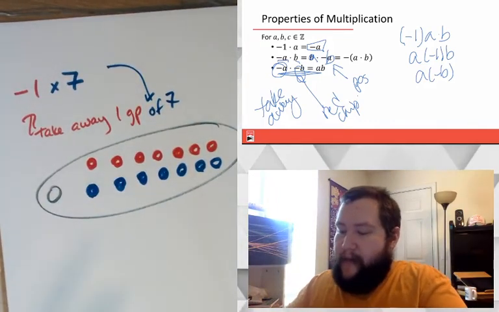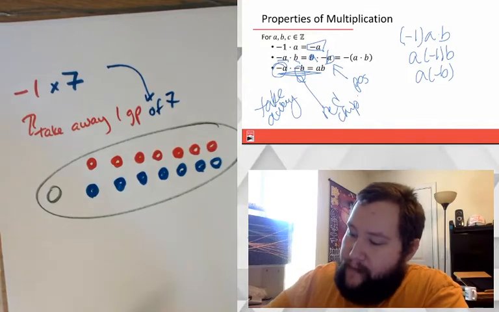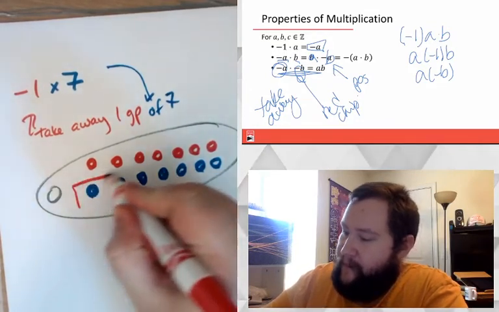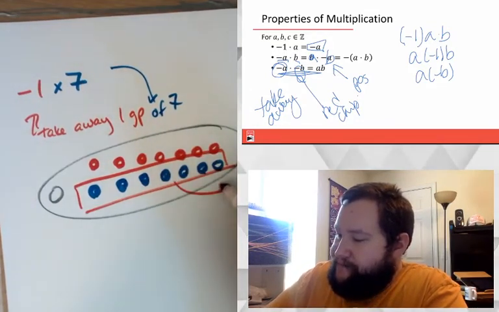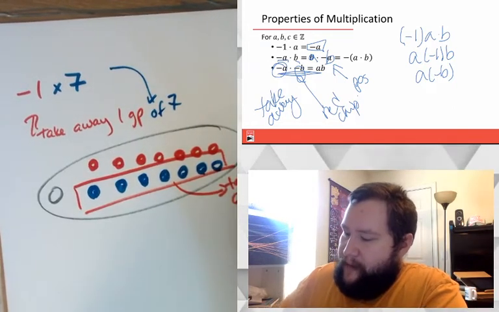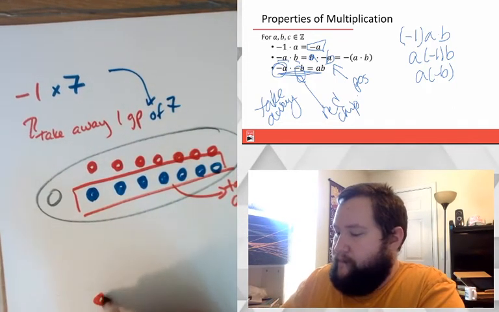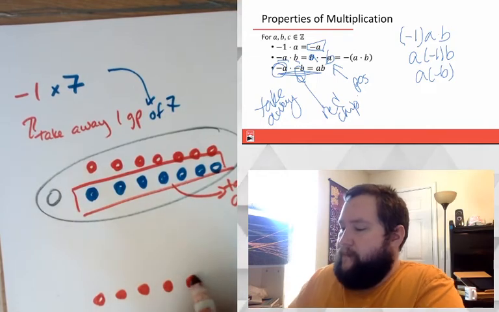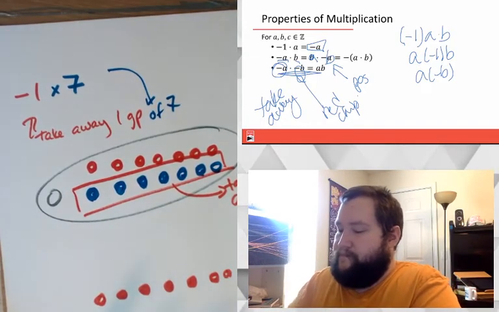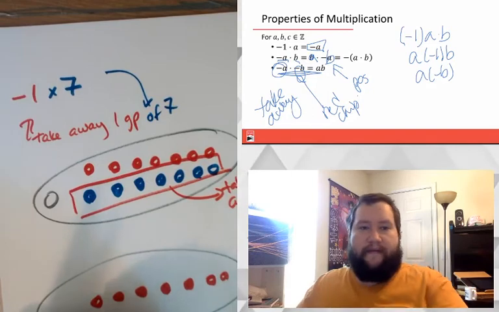But I'm going to take away one group of 7, so this is my 7. Take away. What am I left with? 7 red ones, which is -7.